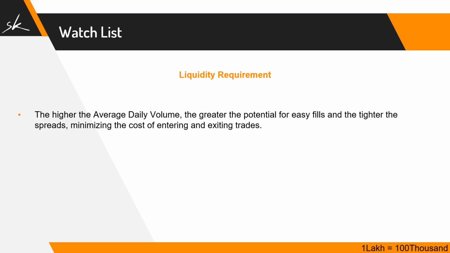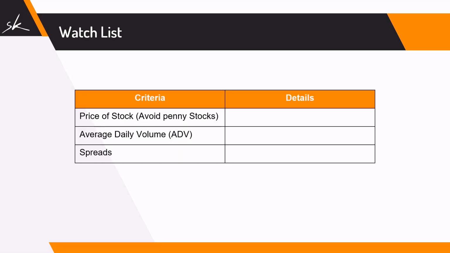Our liquidity requirement will be average daily volume greater than or equal to 5 lakh shares per day. Our watchlist criteria will be stock price from 100 to 3000, average daily volume criteria, average volume greater than or equal to 5 lakh shares in the last 3 months. Spreads should be small relative to the value of the script.